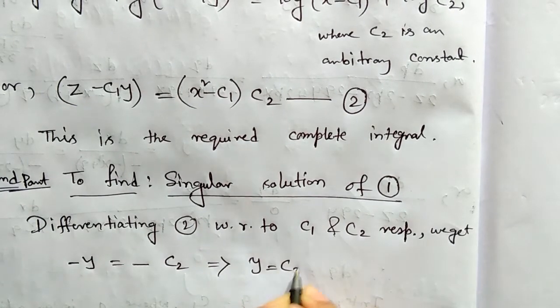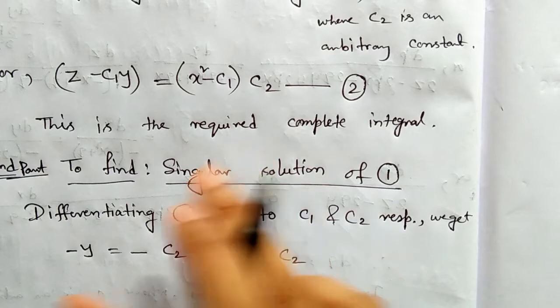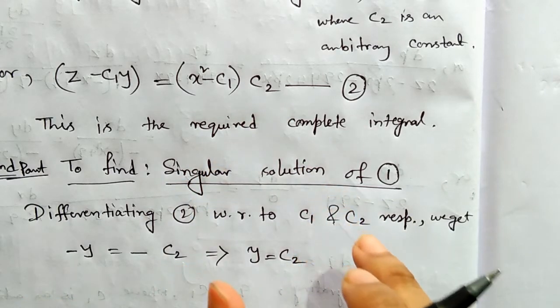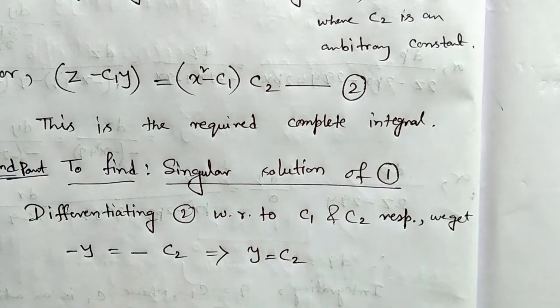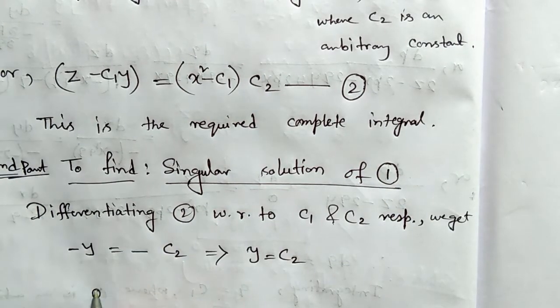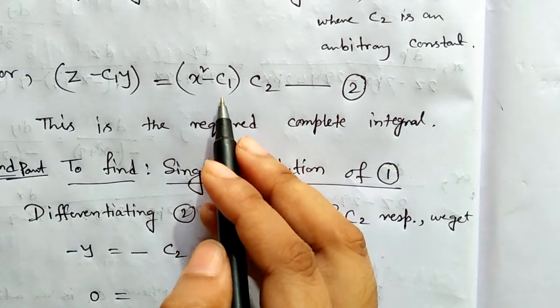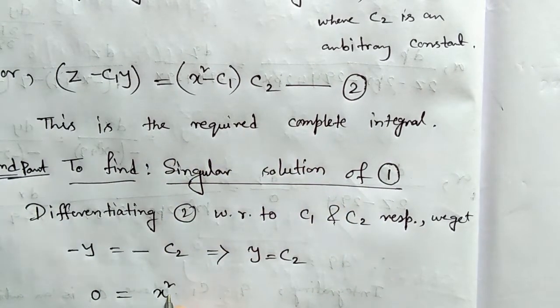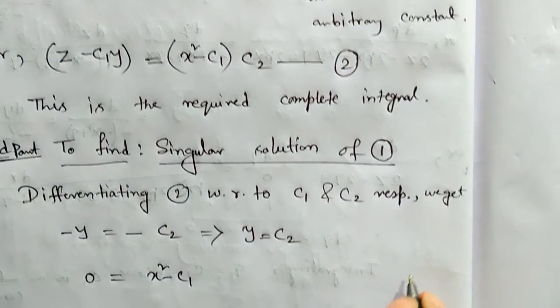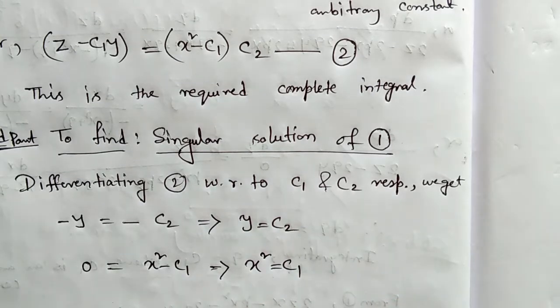So y equal to c2. Next differentiate 2 with respect to c2. On the left hand side this is 0 equal to, on the right hand side, x square minus c1. So this implies x square equal to c1.